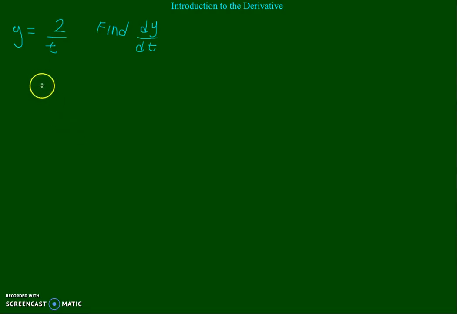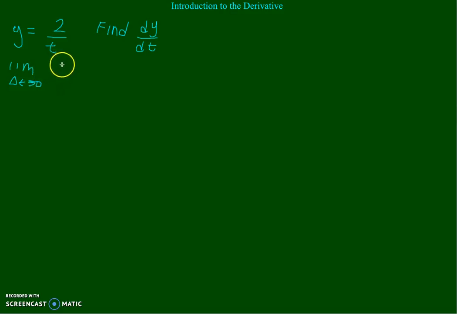In this example, we want to find the derivative of y with respect to t of the function 2 over t. So we're going to use a slight variation in our limit definition, and in this case it's going to be delta t approaching 0 because our variable of differentiation is t.